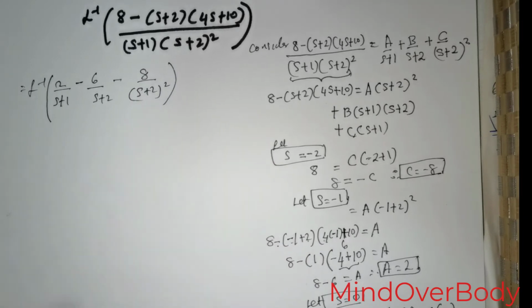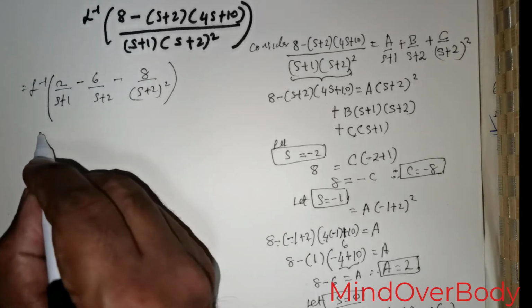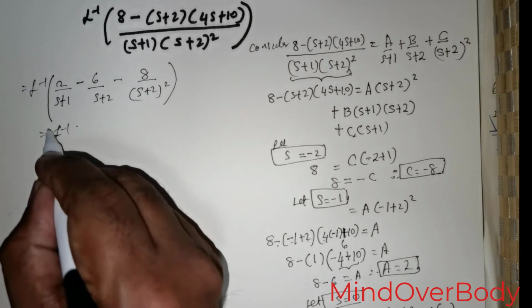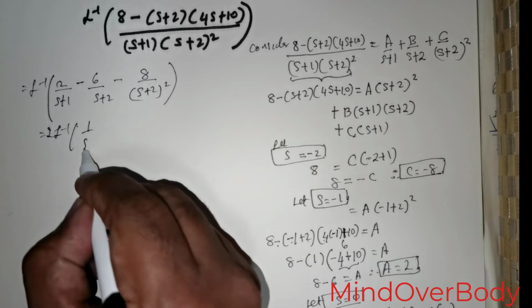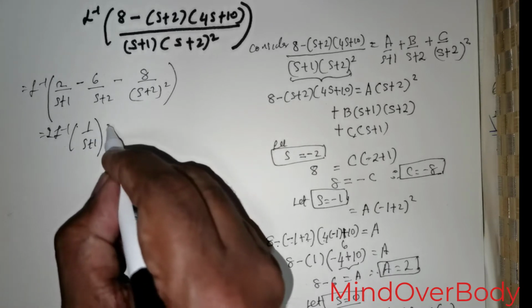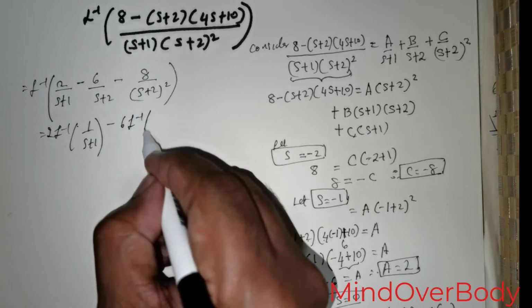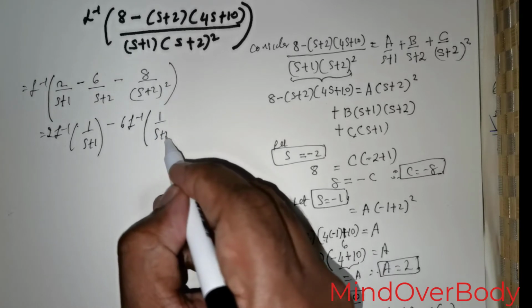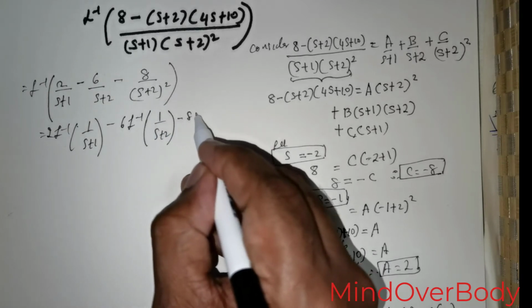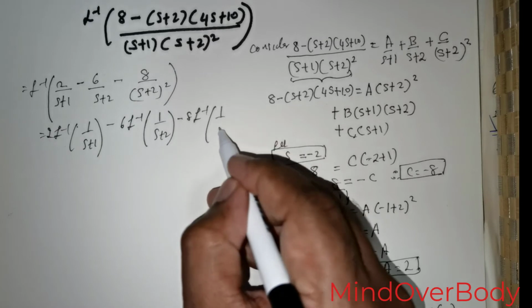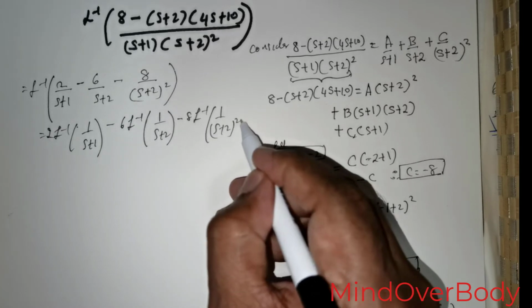So all I need to do is to obtain the inverse Laplace transform of this. So that is going to be L inverse of, I can take the 2 out, 1 over (S plus 1), minus 6 times L inverse of 1 over (S plus 2), minus 8 times L inverse of 1 over (S plus 2) raised to the power of 2.